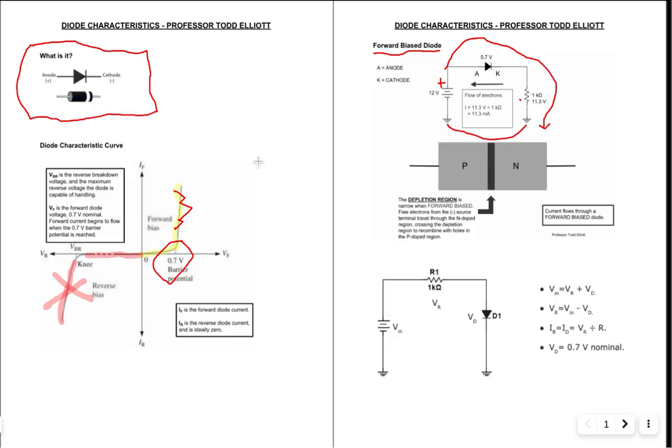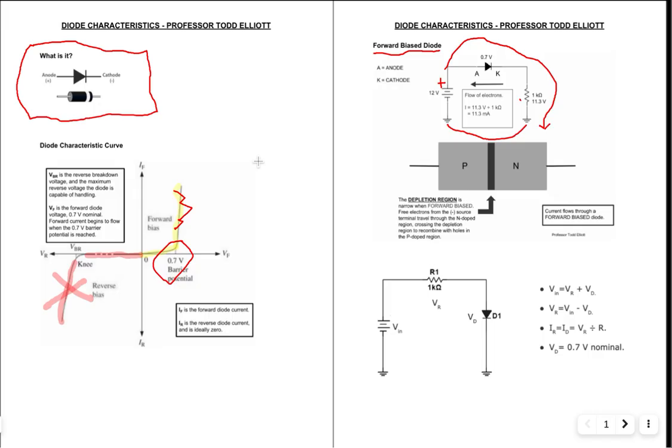That means if we have a 12 volt DC source, we have nominal 0.7 volts across the diode. That means the voltage across the resistor must be 12 minus 0.7 equals 11.3 divided by the 1K. Boom, there's your 11.3 milliamps.